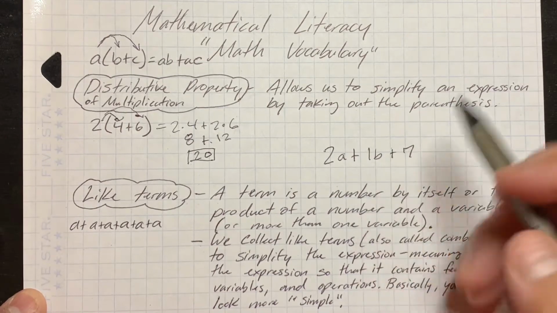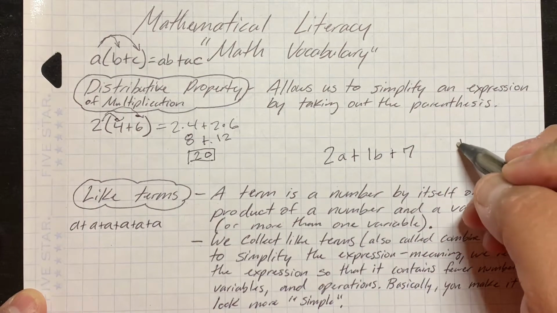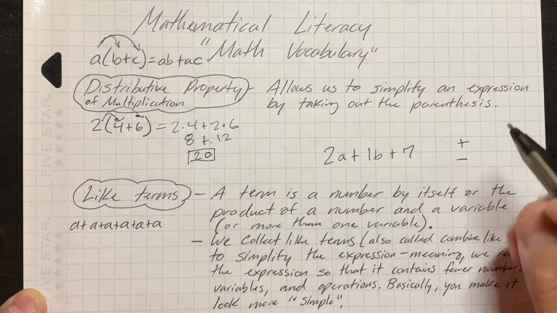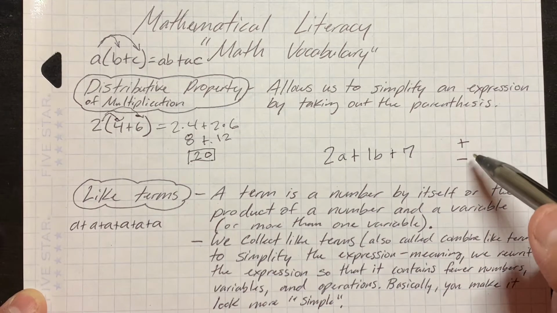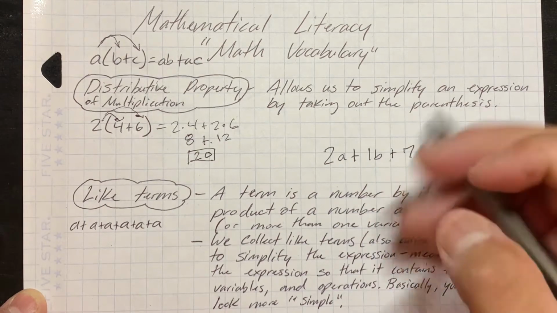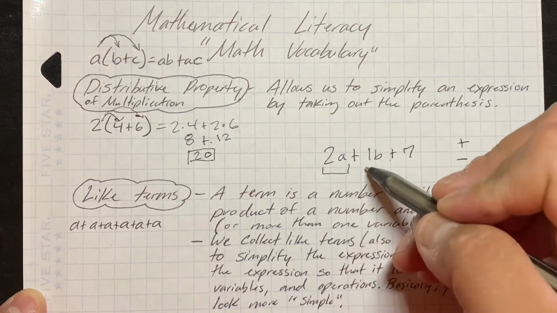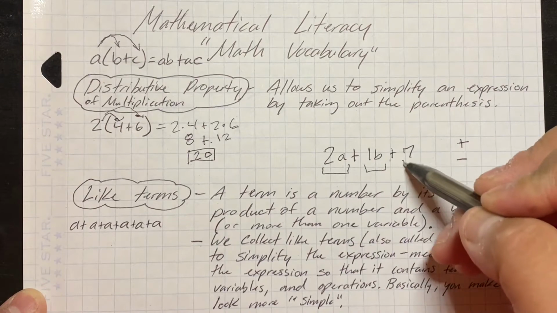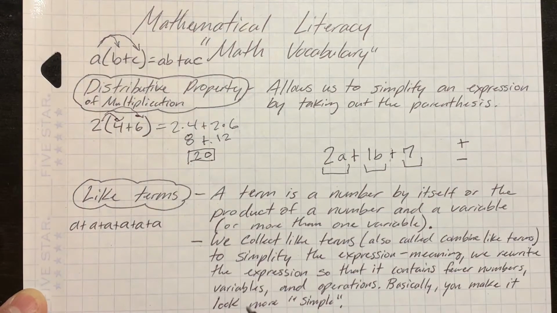So a term is always separated by an addition or a subtraction operator sign. In this case we have an addition sign there and an addition sign there. So 2a is a term, 1b is a term, and 7 is a term. Again, terms are separated by a subtraction symbol or an addition symbol.